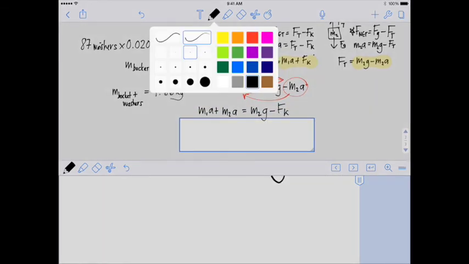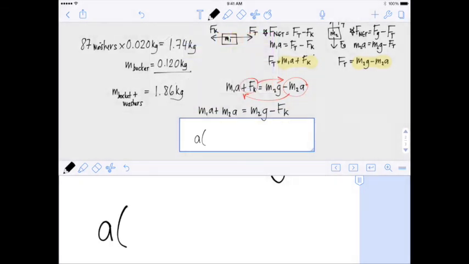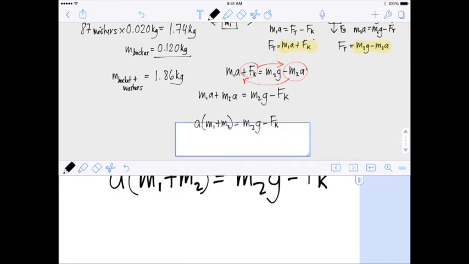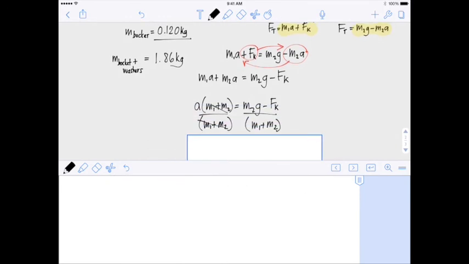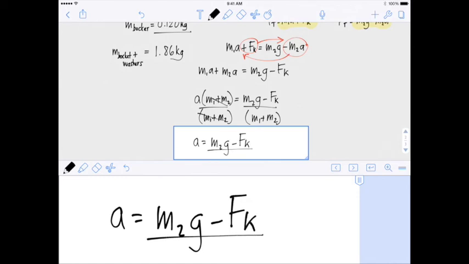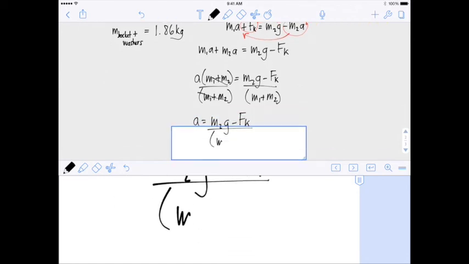Next step is to factor out the a from the left-hand side, and we have a is equal to M1 plus M2, M2G minus Fk. Divide both sides by M1 plus M2, and we are left with acceleration is equal to M2G minus Fk divided by M1 plus M2.